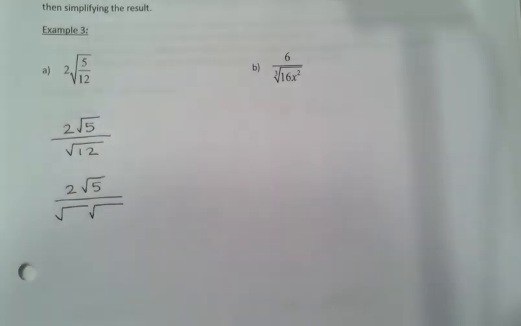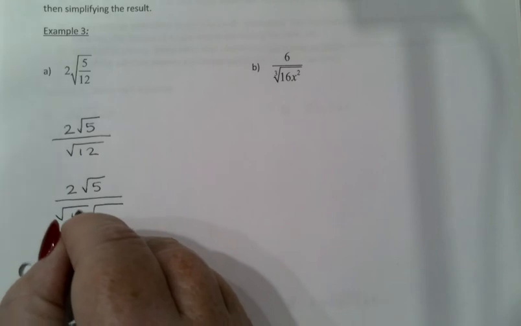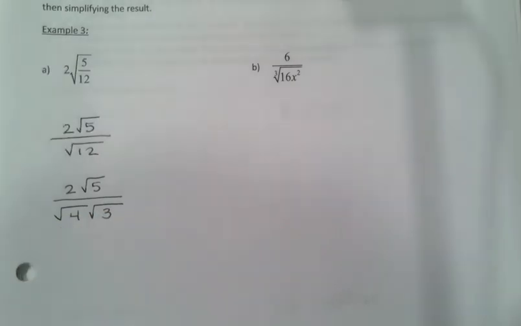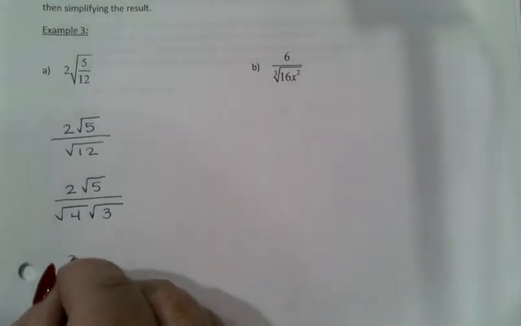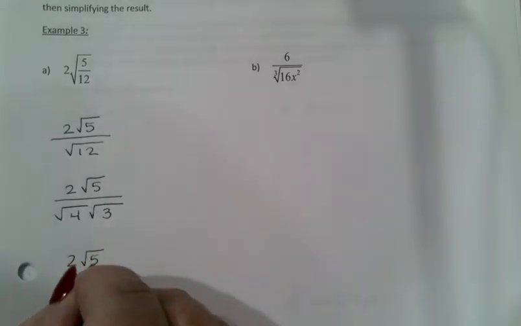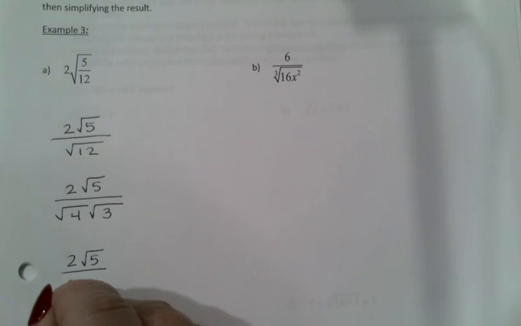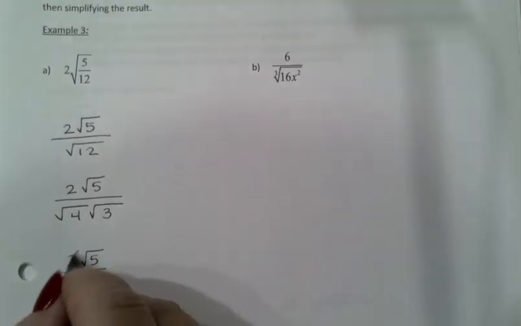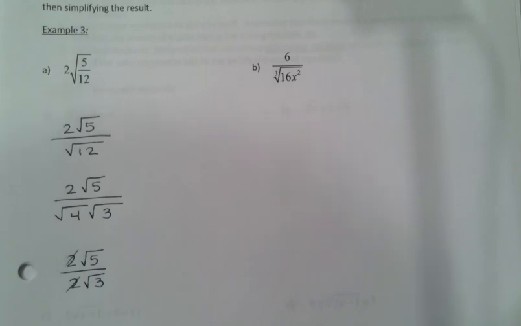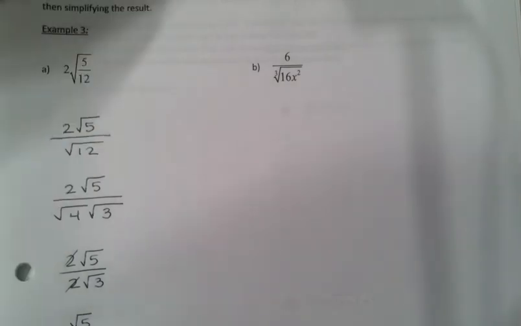Let's see, a perfect square that goes into 12 would be 4. So let me break that down as the square root of 4 times the square root of 3. That's 2 times the square root of 3. And in this case, I can divide out those 2's. So I just end up with the square root of 5 over the square root of 3.